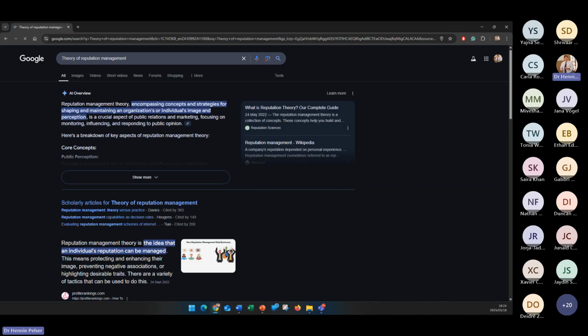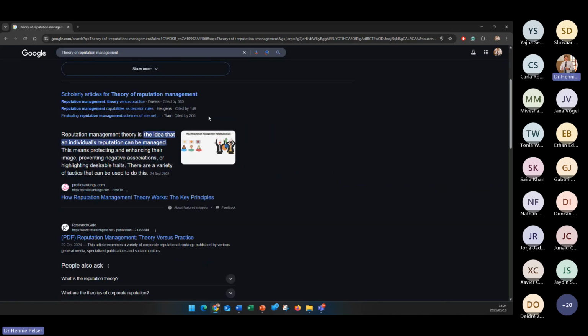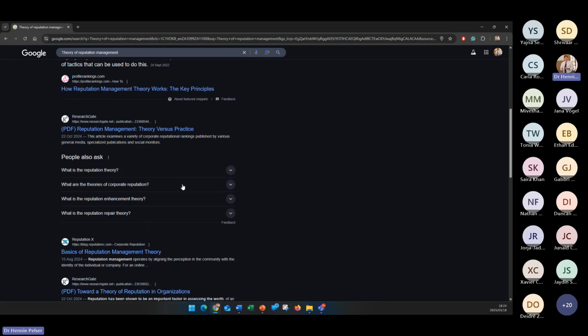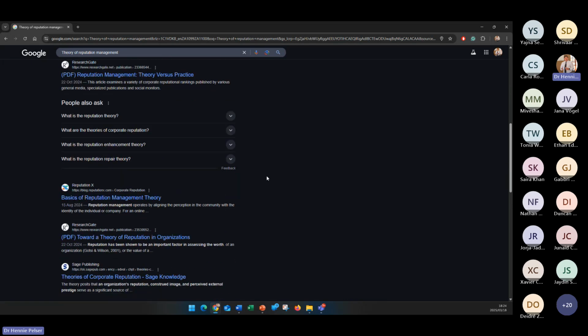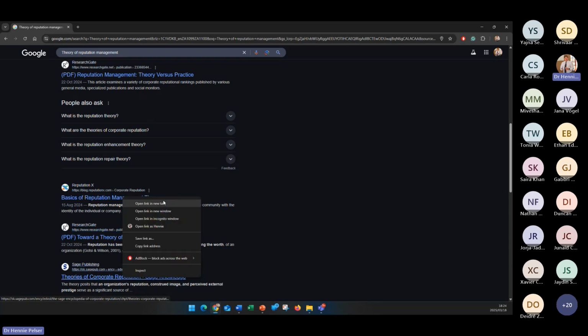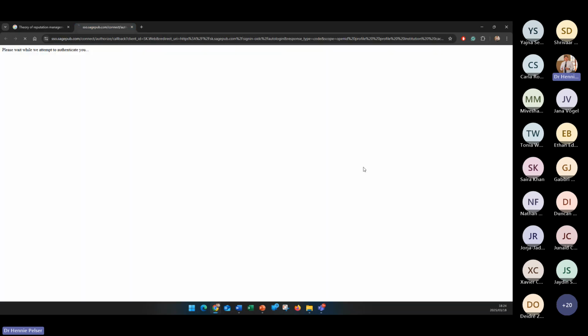Okay, so all I've done is I've started with theory of reputation management. Now, I don't know if there's anything. Okay, there is. So we look for a reputation management theory, toward a theory of reputation, theories of corporate reputation. So you need to find one of these in terms of your theoretical framework.